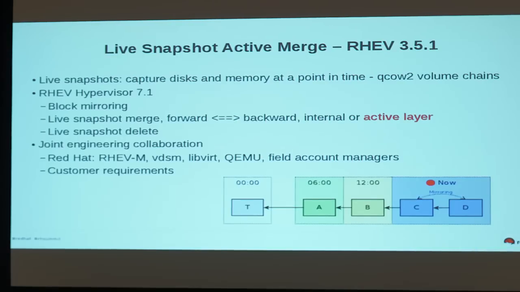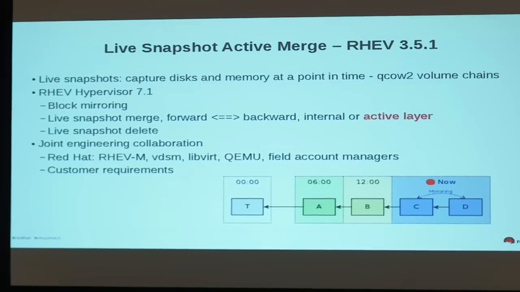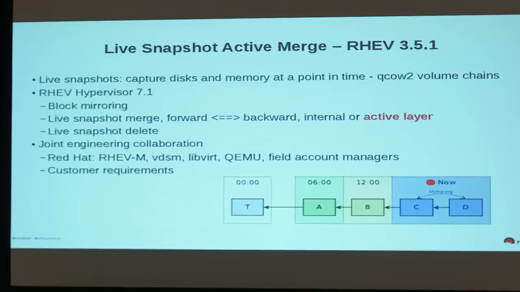We've been working on this technology in the block layer called block jobs for a long time. Again, it's iterative development. Features come over time. So we've done block mirroring, which is the basic technology for storage live migration. We've done snapshot merge.